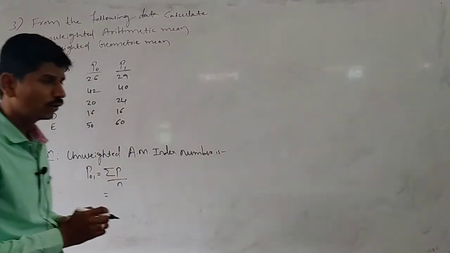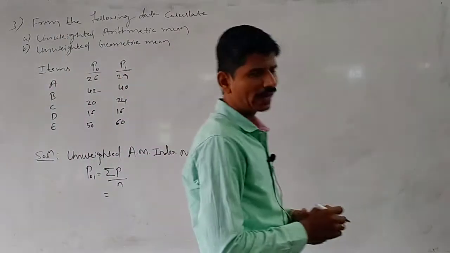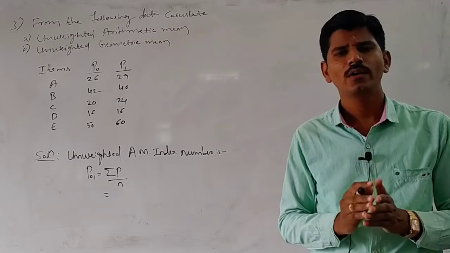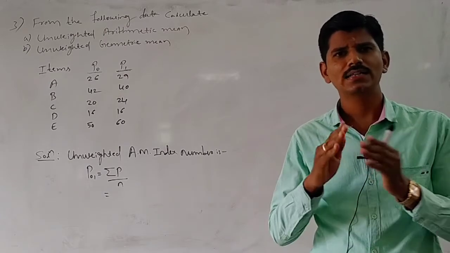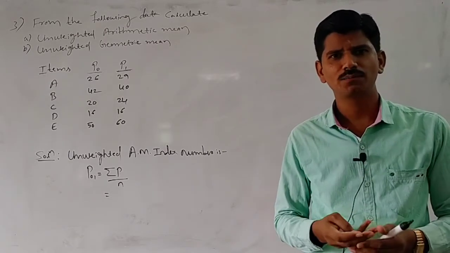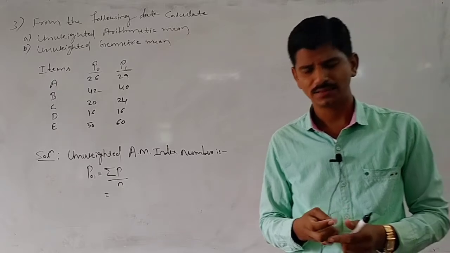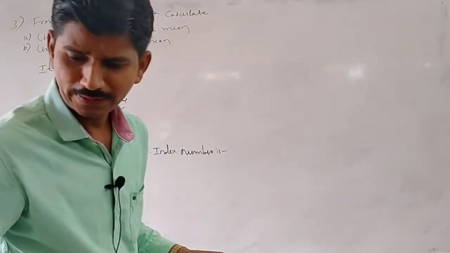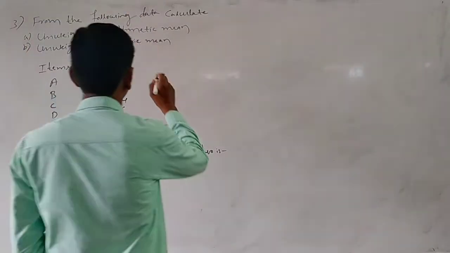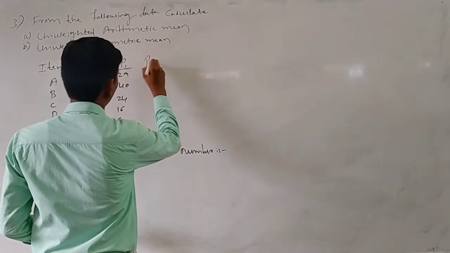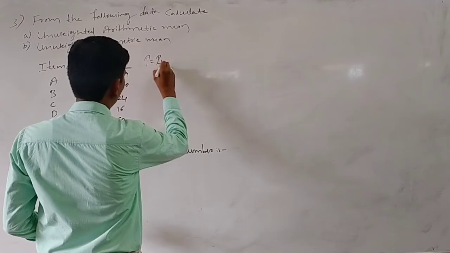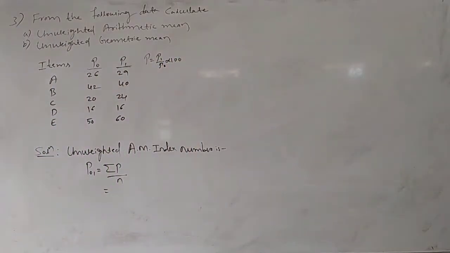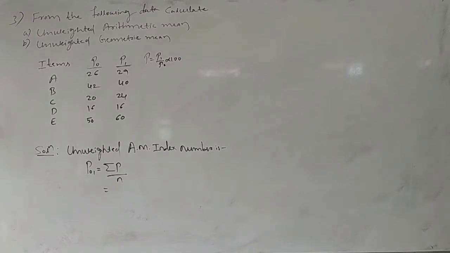Here P is a price relative. Then how to calculate price relative? It is the ratio of prices in the current year expressed as a percentage of the prices in the base year. Here price relative is denoted by P. P equal to P1 by P naught into 100.